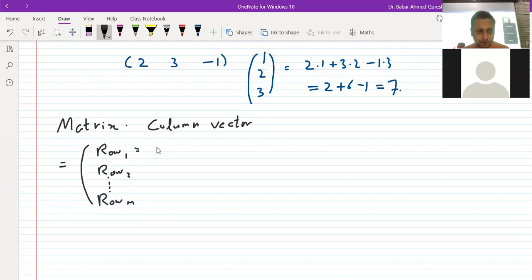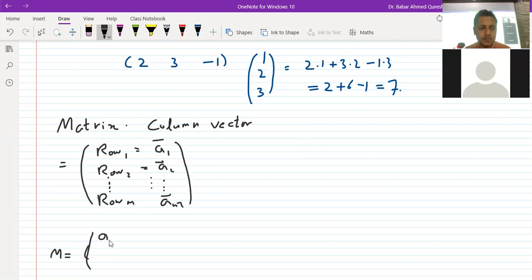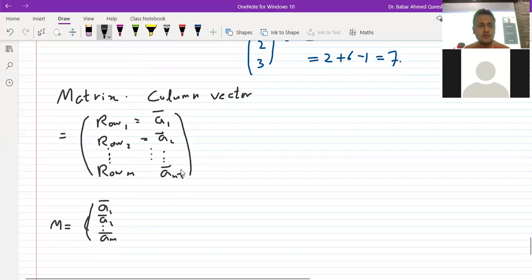Let's call them A1, A2, AM. So let me write it over here that if you have a matrix, you can very well write it like this, as a bunch of row vectors lying on top of each other.